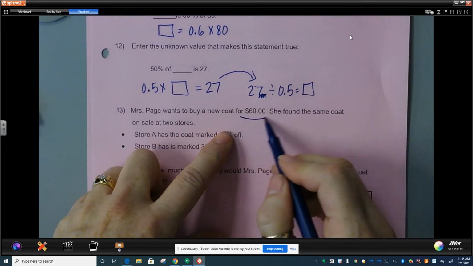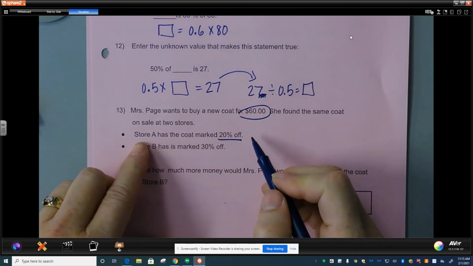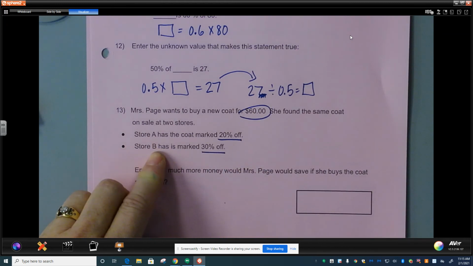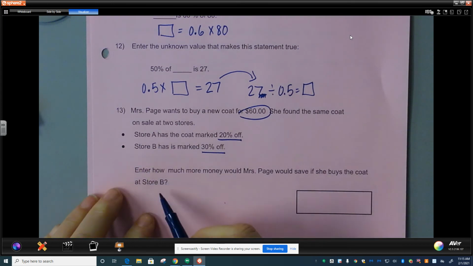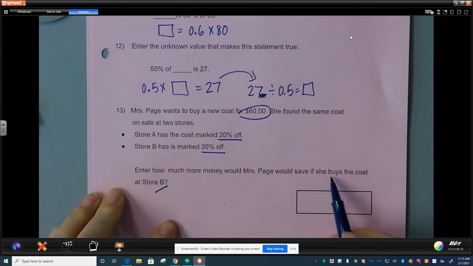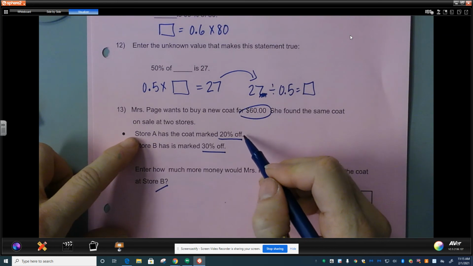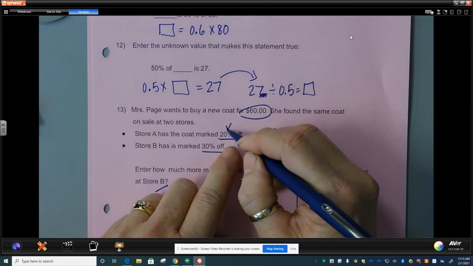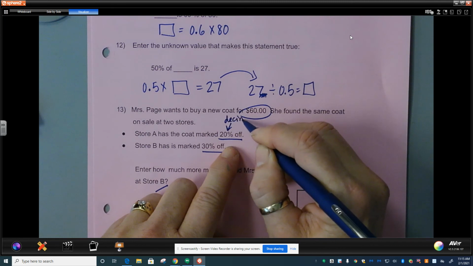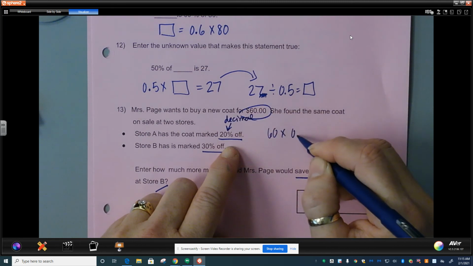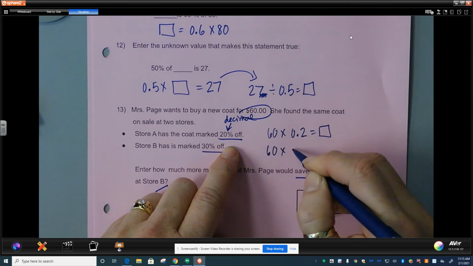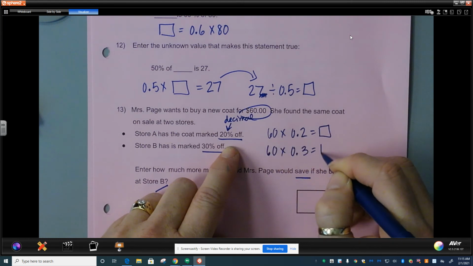Okay, 20% off of $60 or 30% off of $60. How much would I pay for store B? How much would I save? So I need to do both problems. So I have $60 times, make it a decimal, 0.2, and I have $60 times 0.3.